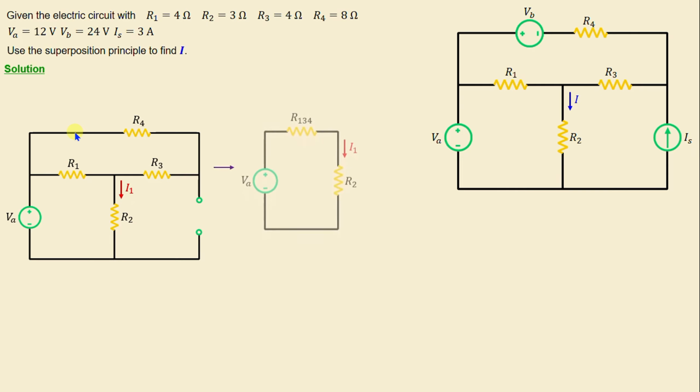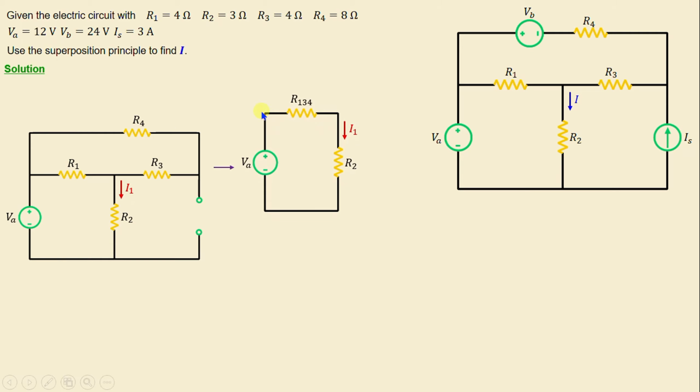This circuit can be simplified as follows, where R134 is R3 plus R4 parallel to R1, which is given by R3 plus R4 times R1 over R3 plus R4 plus R1.